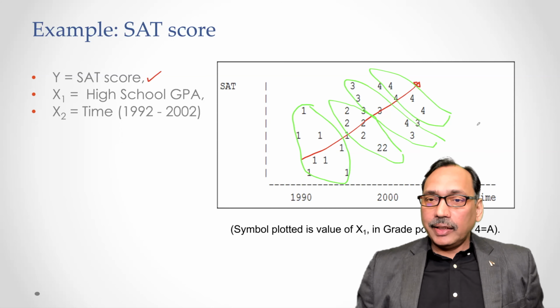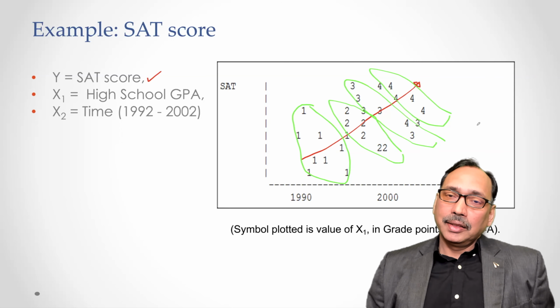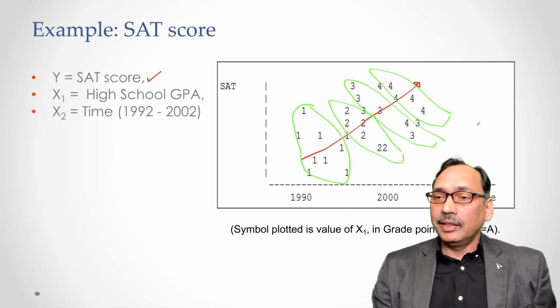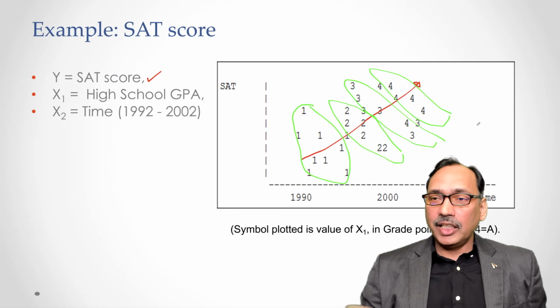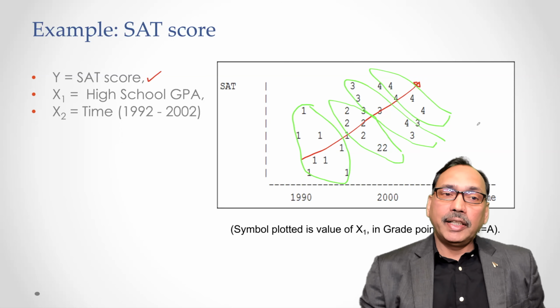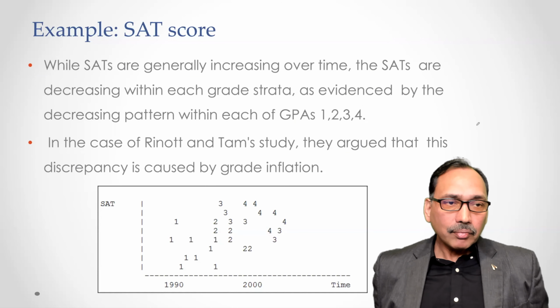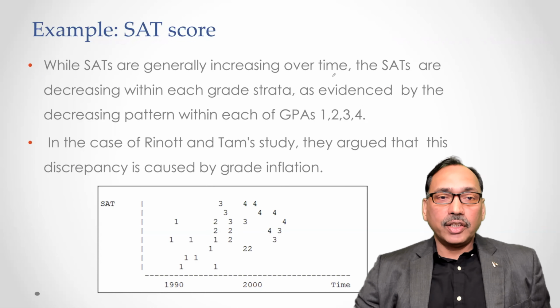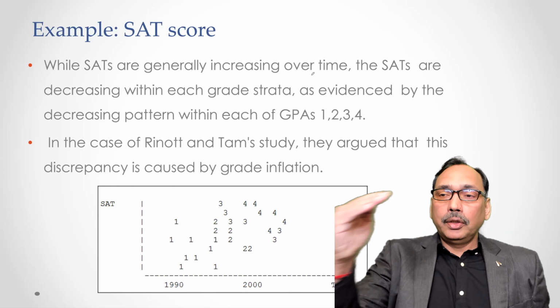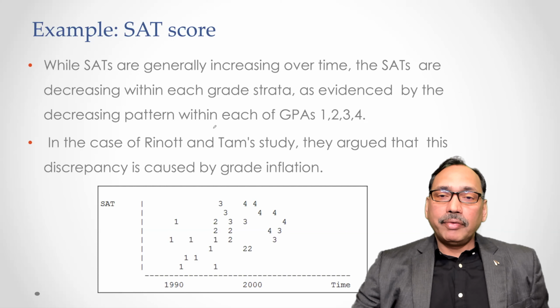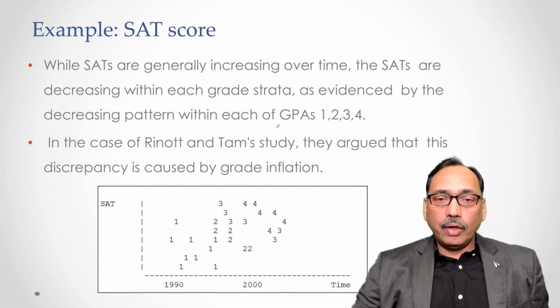So whenever we have that kind of situation, it can happen that when you add an independent variable, it may cause the coefficient of the other variable to change from one sign to another. If it is positive, it can become negative. If it is negative, it can become positive. So while SATs are generally increasing over time, the SATs are decreasing within each GPA stratum, 1, 2, 3, 4, as evidenced by the decreasing pattern within each of the GPAs.